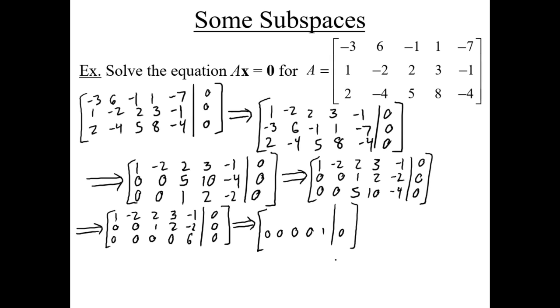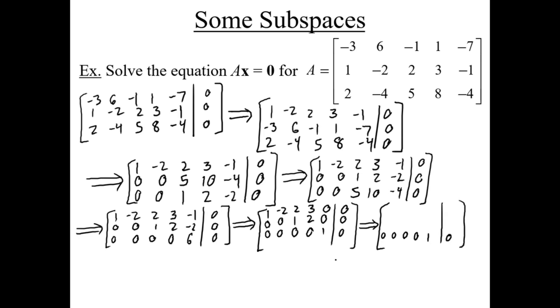Okay, use that to clear out the top. And then finally the bottom row is 0, 0, 0, 0, 1, 0.